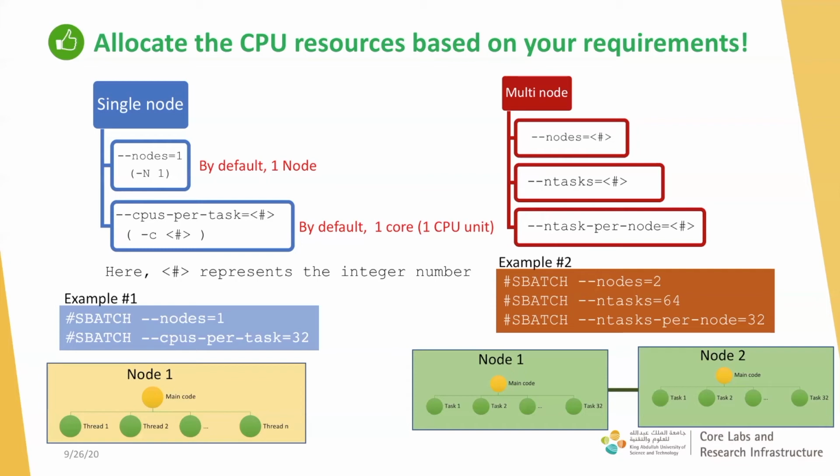In case you are running LAMMPS or some MPI-based applications, ensure you use ntasks as well as ntasks per node options, so that the tasks will be distributed based on the number of nodes specified in the job script file. Therefore, these three parameters play a crucial role in selecting the appropriate resources for your multi-node jobs.